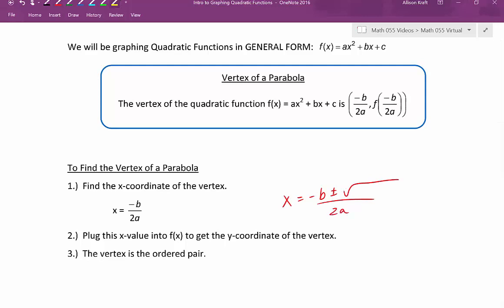So I just use my knowledge of the quadratic formula to help me remember this formula as well. Once you get the x value, you're going to plug it into your function to get the corresponding y value. This will be the y-coordinate of the vertex, and then we'll write our vertex as an ordered pair.